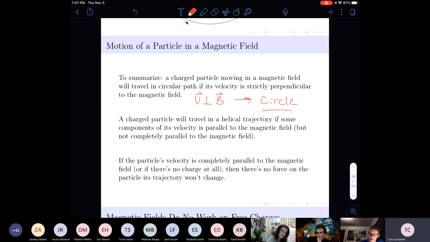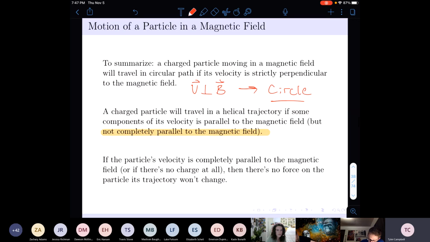This next paragraph talks about a charged particle in a helical trajectory if some component of its velocity is parallel to the B field, but not completely parallel. Very important. I'm going to highlight that: not completely parallel. This is saying that if my V total is equal to some parallel component plus some perpendicular component, then I will get a helix.